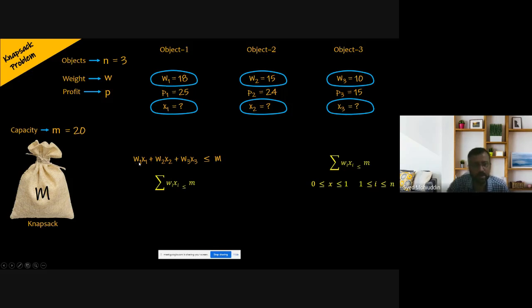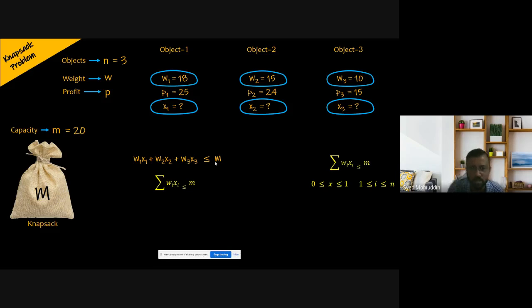So it is W1 times X1, how much of object 1 is put in the knapsack, plus W2 times X2, how much of object 2 is put in the bag, plus W3 times X3, how much of object 3 is put in the bag. The summation of all these should be less than or equal to M. That is the constraint.